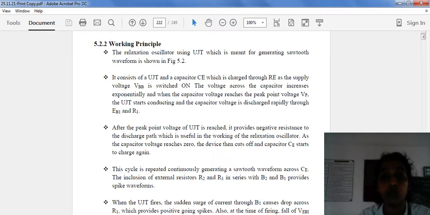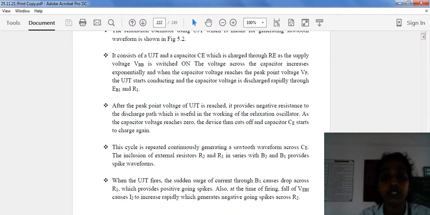The capacitor then discharges rapidly through the emitter terminal across the resistance R1. After the peak point is reached, the UJT provides negative resistance to the discharge path, which is useful in the working.